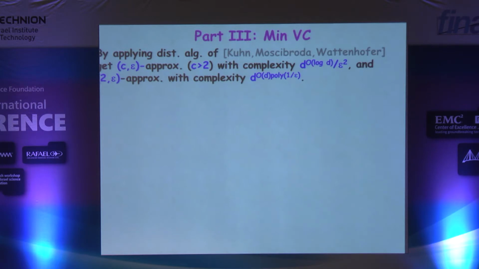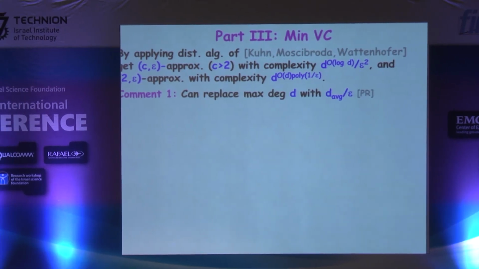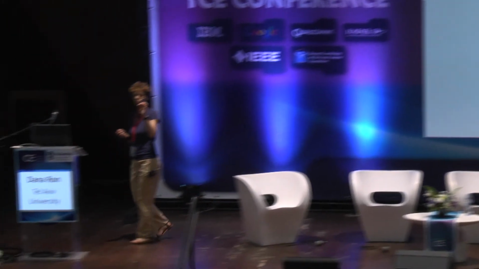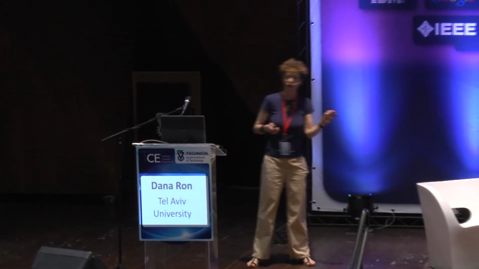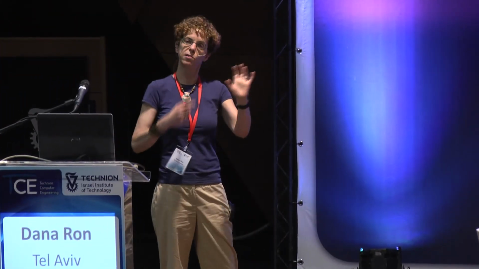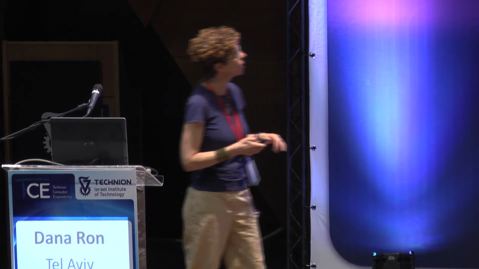So before I tell you a little bit about the progress on this problem, let me say a few comments. First, I said that depending on the maximum degree might not be great because there might be vertices with very high degree, some with small degree, but we can replace the maximum degree in the expression with roughly the average degree, by modifying the algorithm.